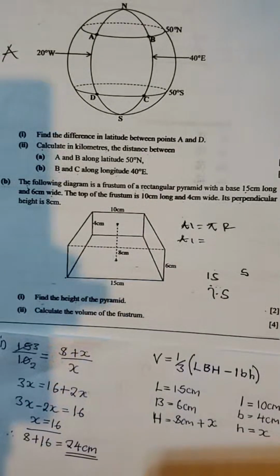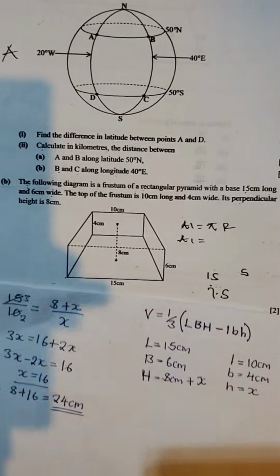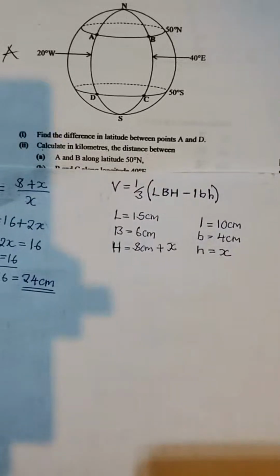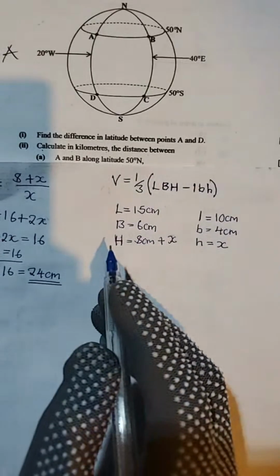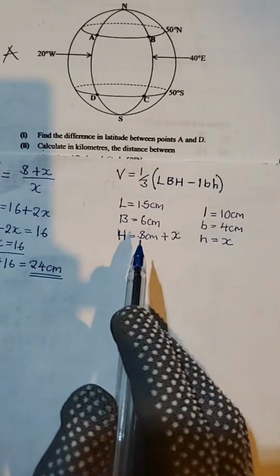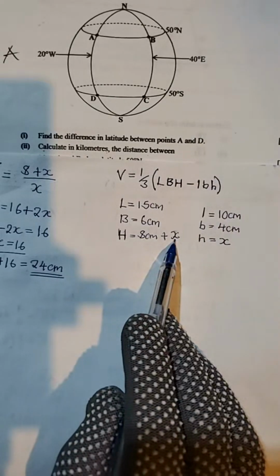Let's proceed to the second question. Calculate the volume of the frustum. This is 4 marks. Volume of the frustum. Now we get back to this formula here. We know the value of x.